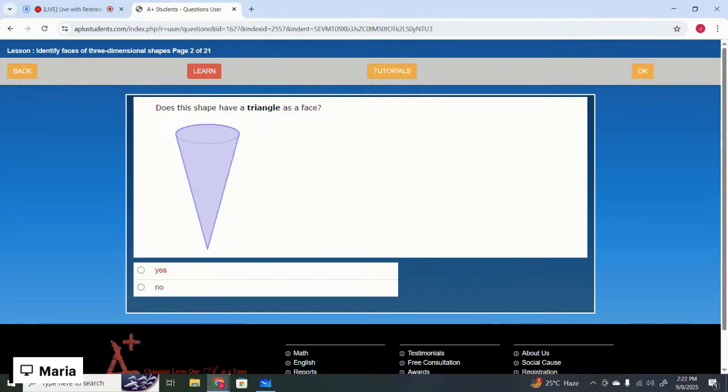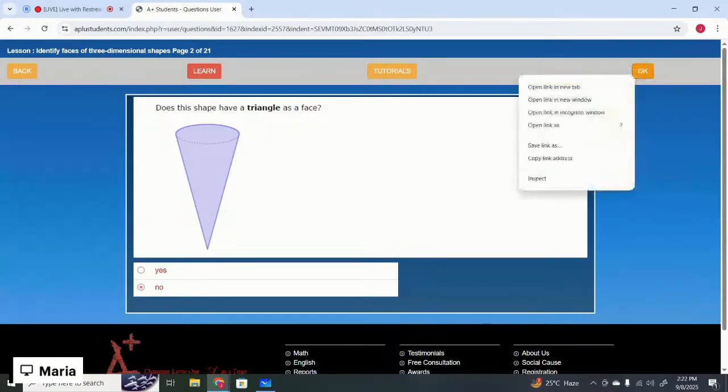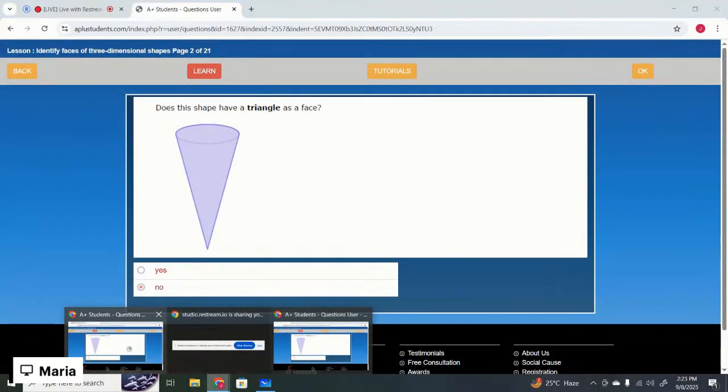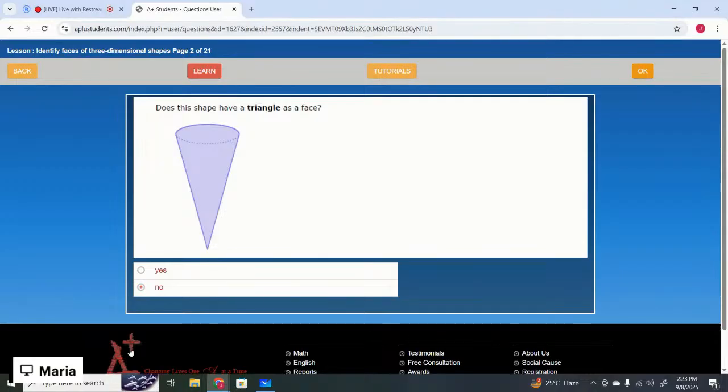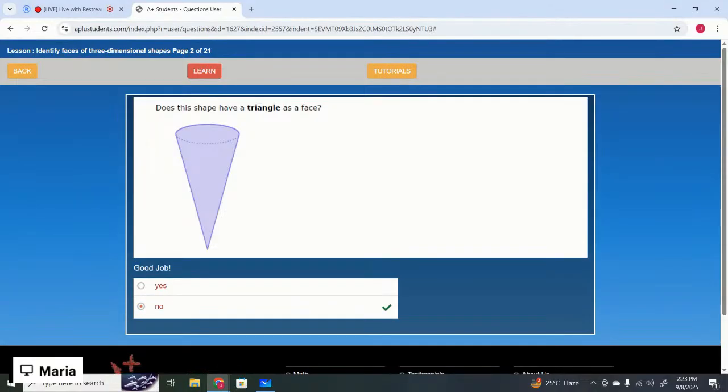No, the shape does not have any triangular face, so the correct option is no. Does this shape have no triangular face?